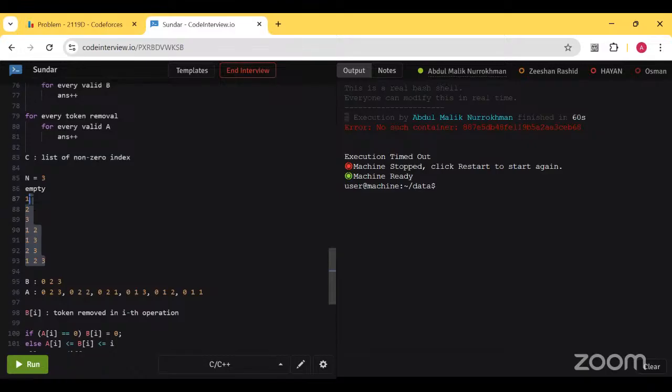Because for each index there are two possibilities. Either it is 0 or it is non-zero, right? Okay, so there are 2 to the power of n possibilities.